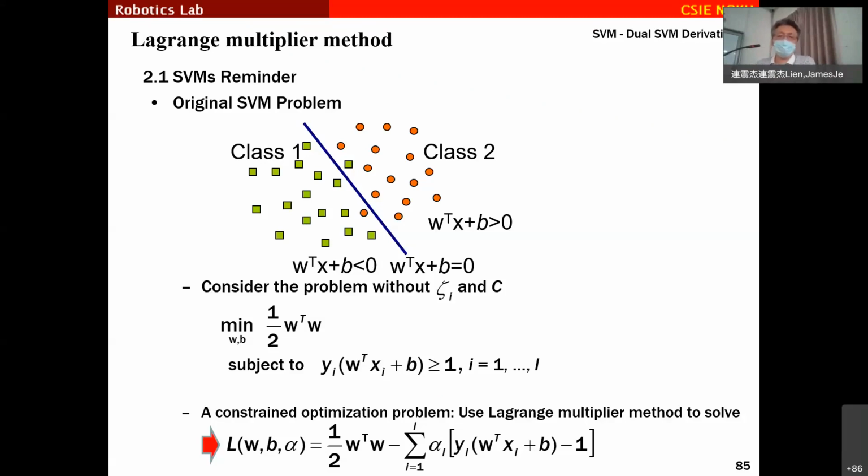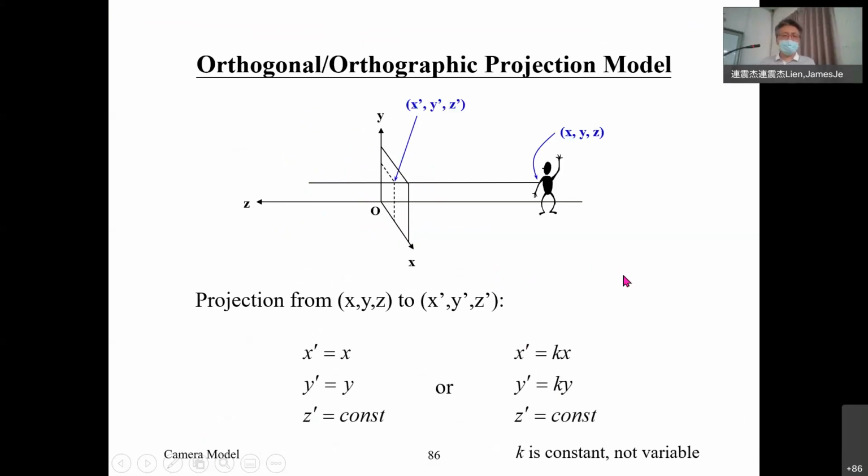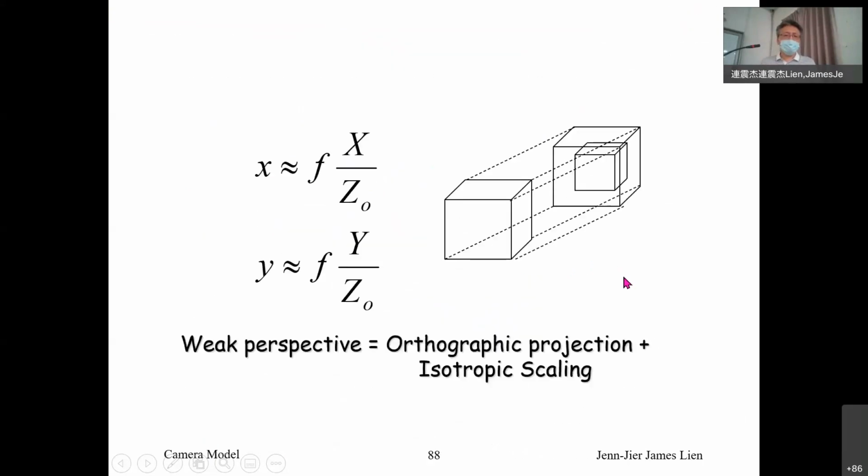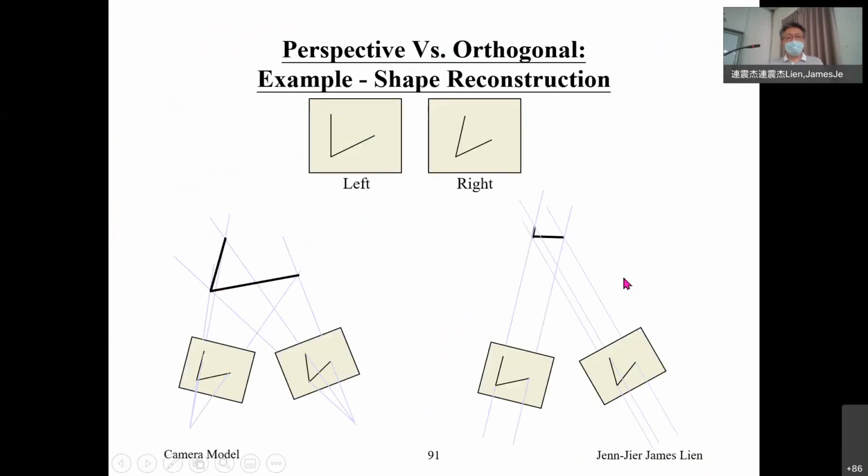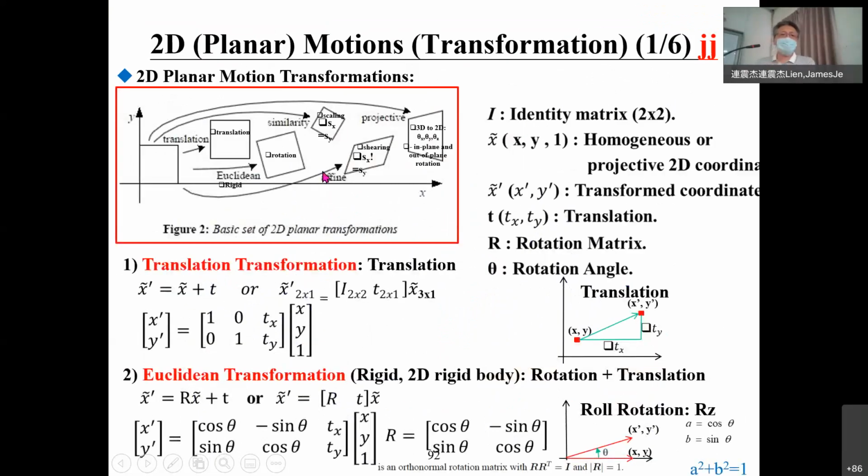Right now people use Lagrange, and SVM was good before because it used Lagrange to solve discrimination problems. Now that you know the concept, that's good.